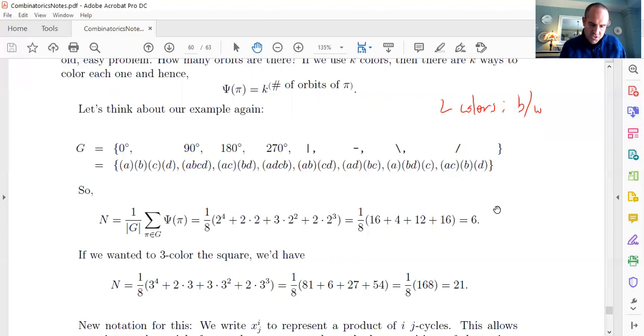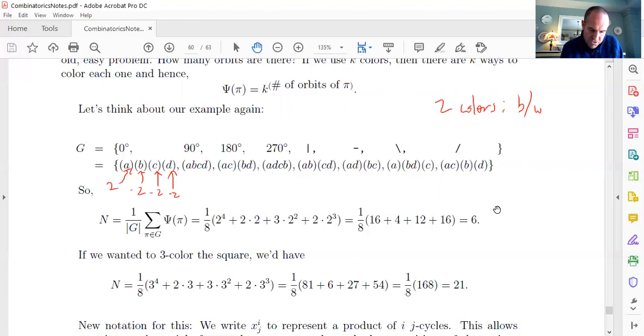So I can stare at these orbits individually. What about the identity permutation? How many options do I have for colors on A if I want it to be fixed by the identity permutation? Well, I can put any of two colors on that cycle, two colors here, two colors here, and two colors here.